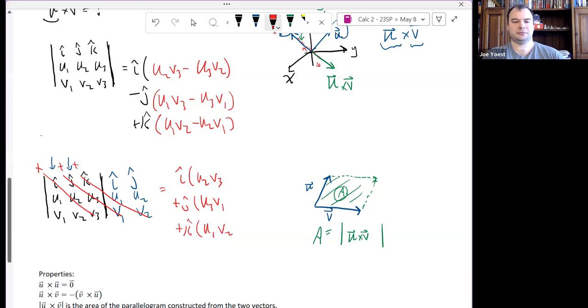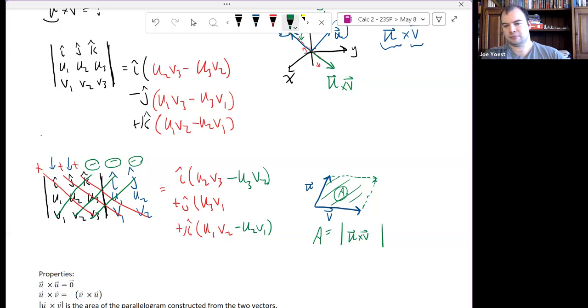And then what I'm going to do is go the other diagonals, this one, and this one, and I'm going to bring those in with a minus. So I have a contribution to k hat of a minus u2 v1. I have a contribution to the i hat bit of a minus u3 v2. And I have a contribution to the j hat coefficient of a minus u1 v3.